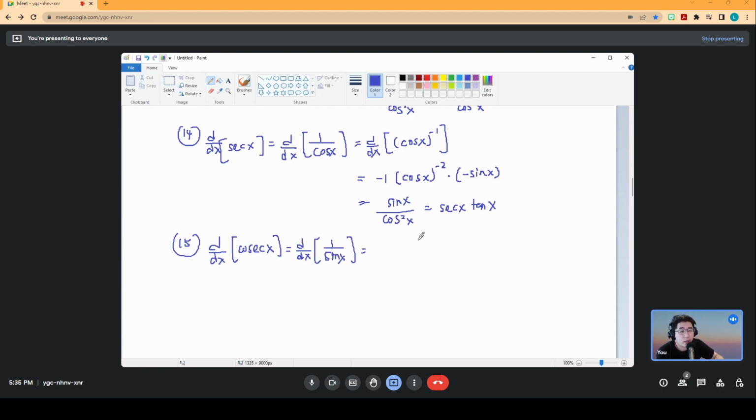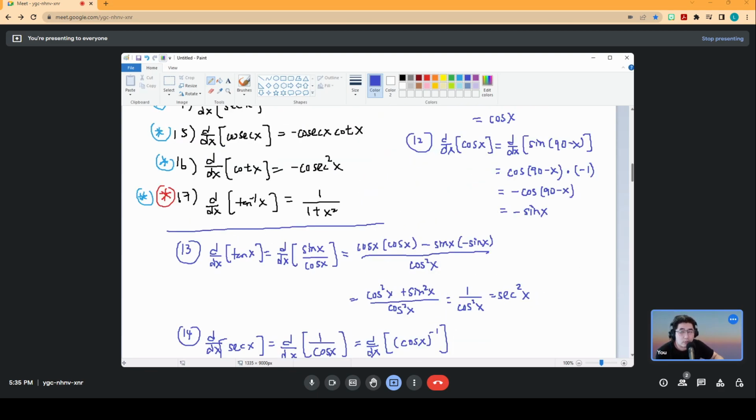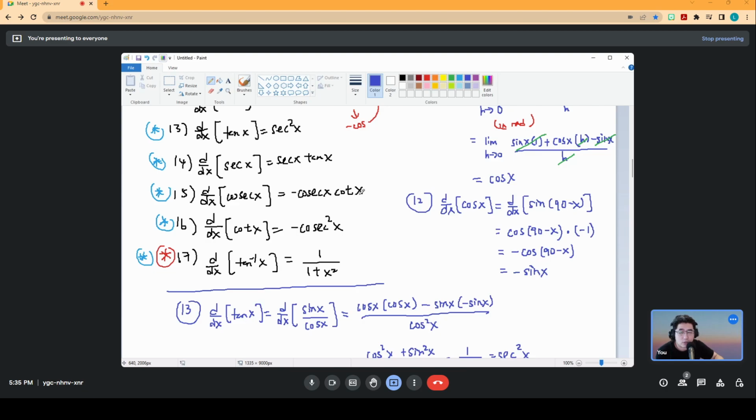Maybe this one we go back to the quotient rule: differentiate the top, keep the bottom, minus keep the top, differentiate the bottom, over the bottom squared. This 0 times this goes to 0, so you only have negative cos x over sine squared. That actually gives you negative cotangent x cosecant x. So number 15, you can see there's a cosecant x cotangent x.